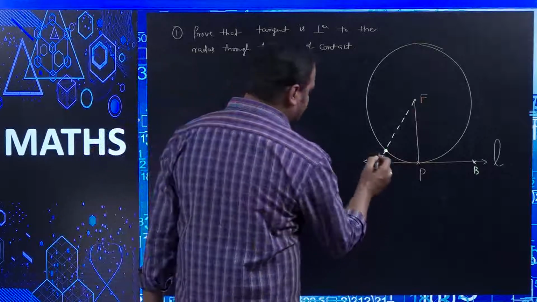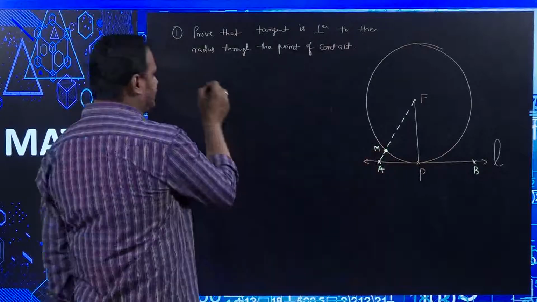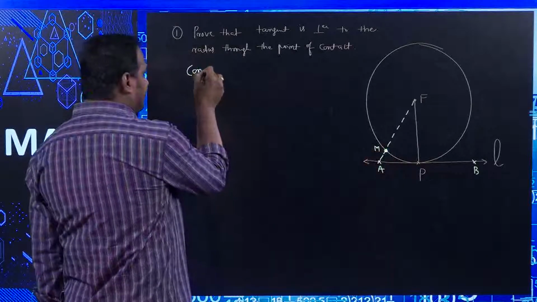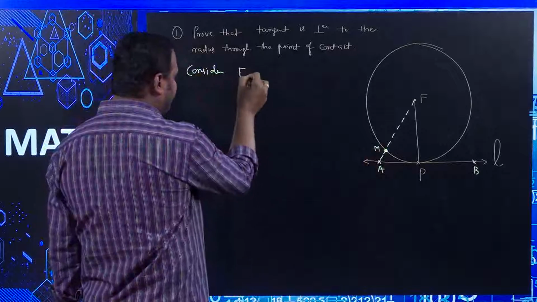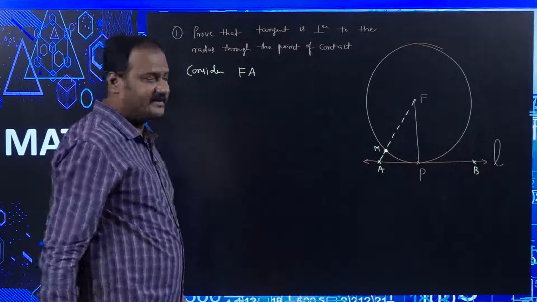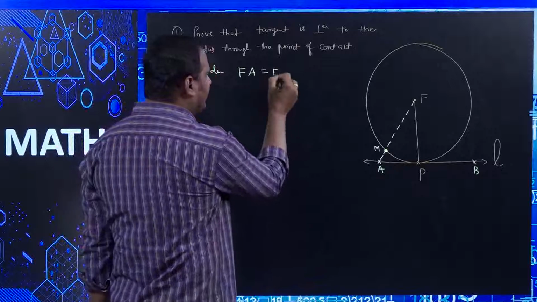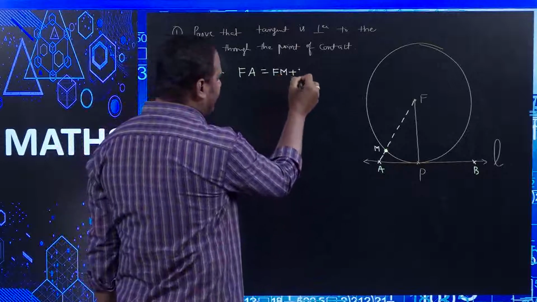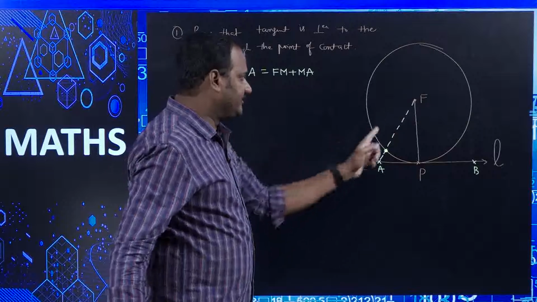Let that point be M. I am going to consider the line segment FA. I can write FA as FM plus MA, correct. FA is equal to FM plus MA.